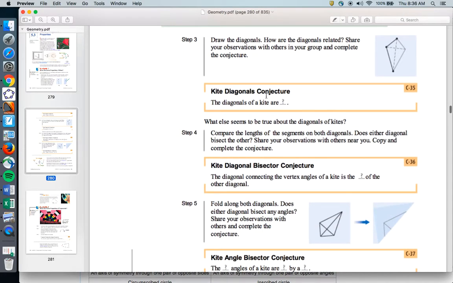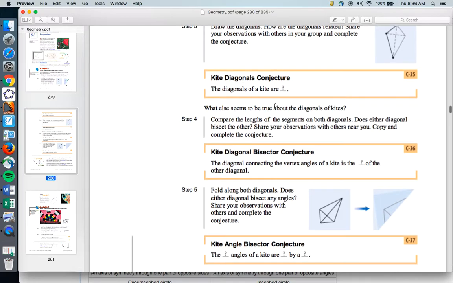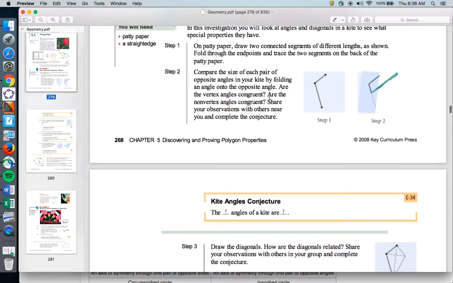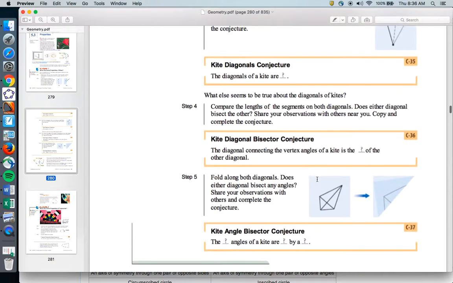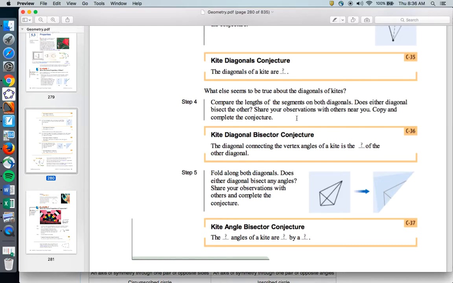Second one, kite diagonals conjecture. The diagonals of a kite actually end up being orthogonal, perpendicular, right? You can see that right here. We're not going to prove that one yet, but we'll just write that down as a nice property.